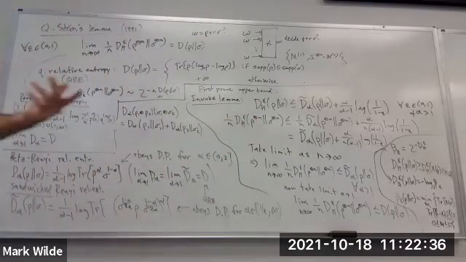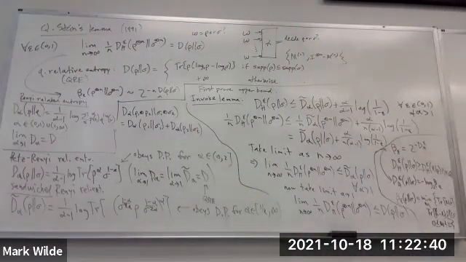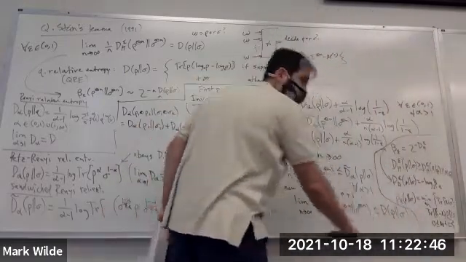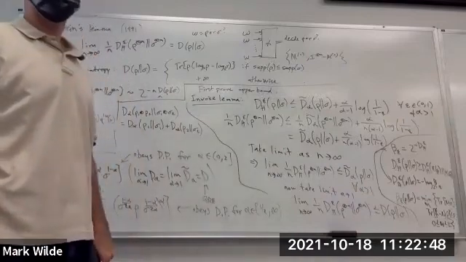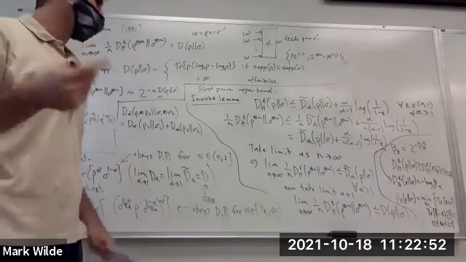And that's called the converse statement. It's saying that there's no scheme that can achieve a higher decay rate than the quantum relative entropy. That's what the upper bound says. Okay. What was at the core of it was data processing.